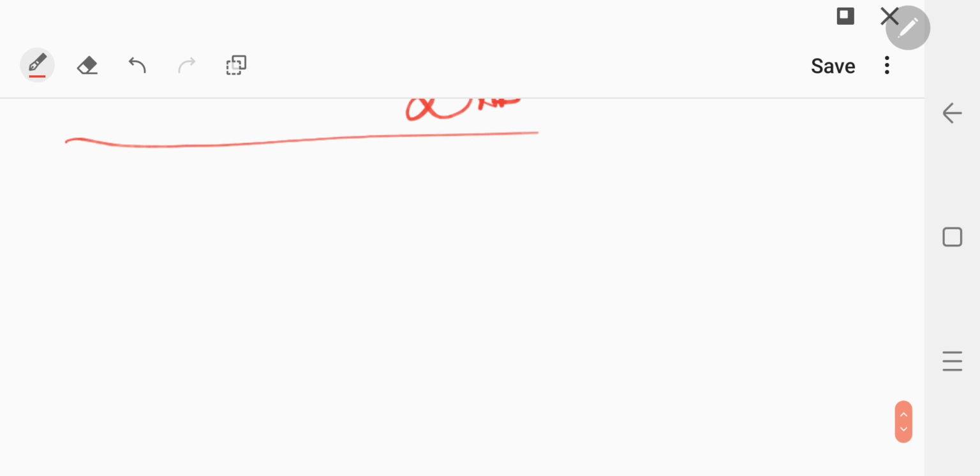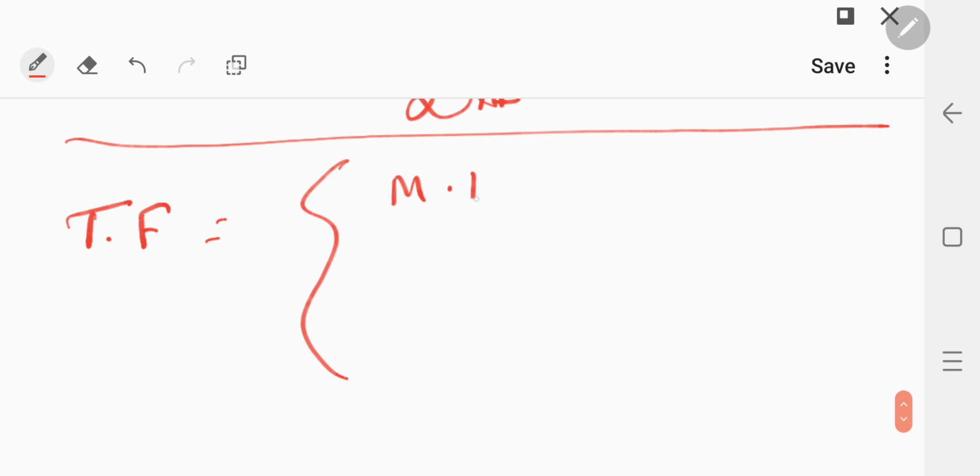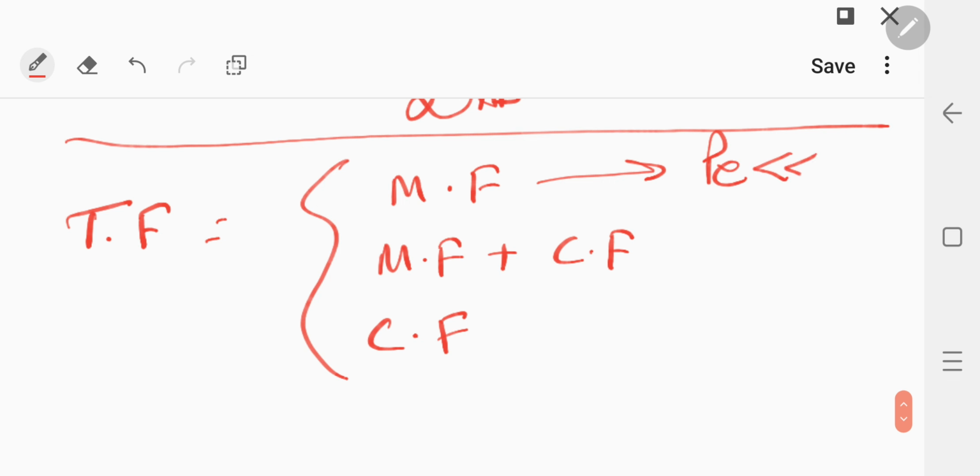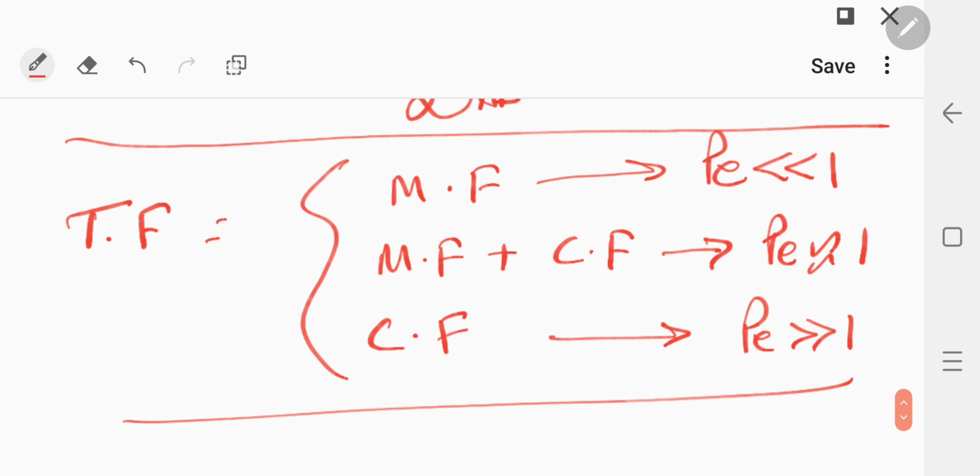So the flux of any quantity can be represented as either molecular flux, or molecular flux plus convective flux, or convective flux, subject to the condition whether the Peclet number is less than 1, equal to 1, or much greater than 1.